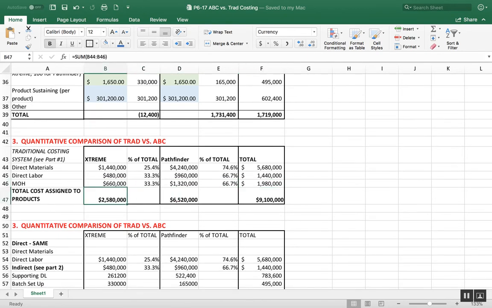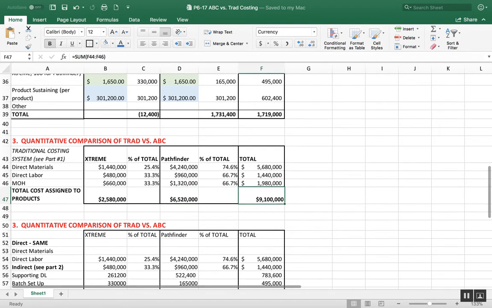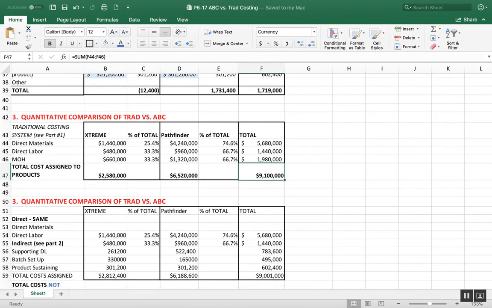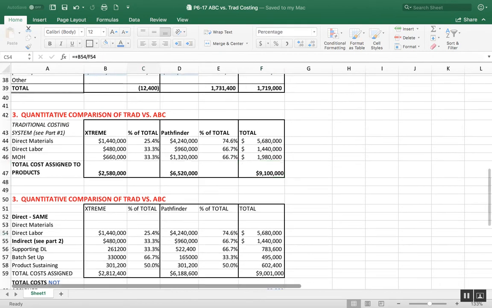So you can see the total cost assigned to the product of the Extreme is 2.5 million and some change. The Pathfinder is 6.5 million, and there are the total costs. Okay, then you come down here and you do that same calculation. So I've got, again, the direct labor is the same. I forgot.